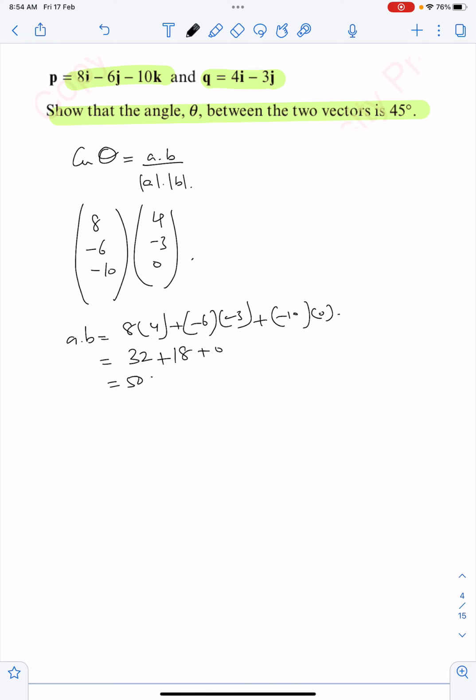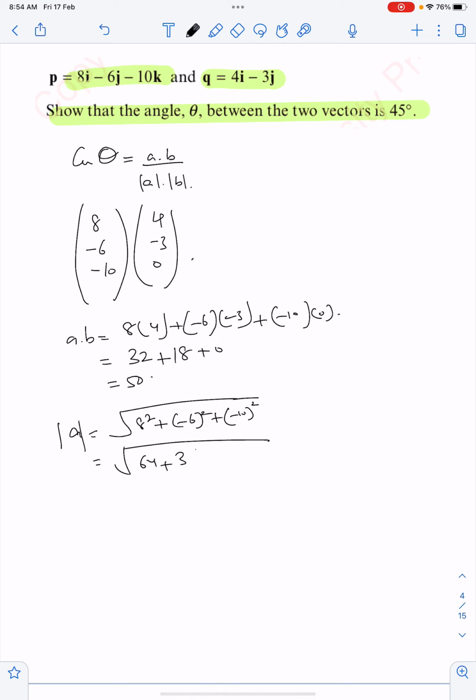The magnitude of a is the square root of 8 square plus negative 6 square plus negative 10 square. Even if you don't put the negative sign, that will not make a difference. 64 plus 36 plus 100, so it's actually 200, square root of 200.